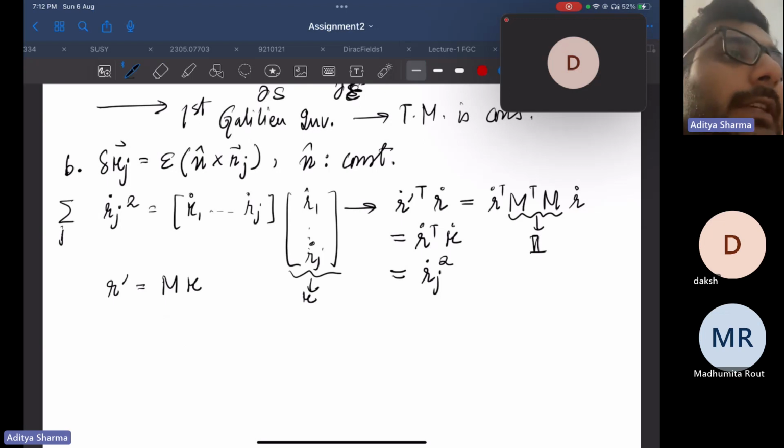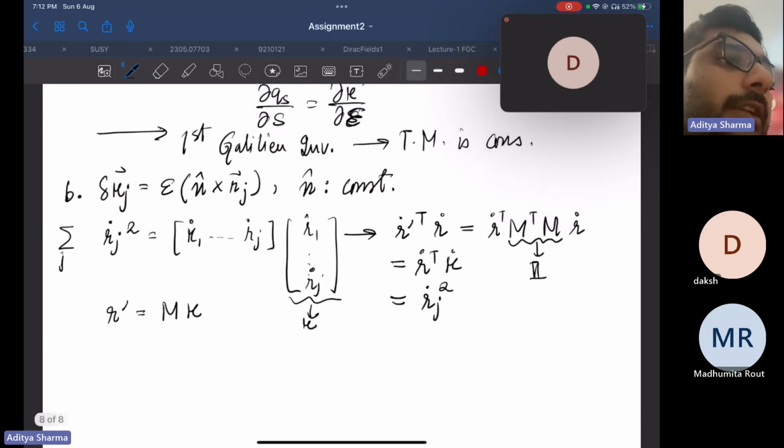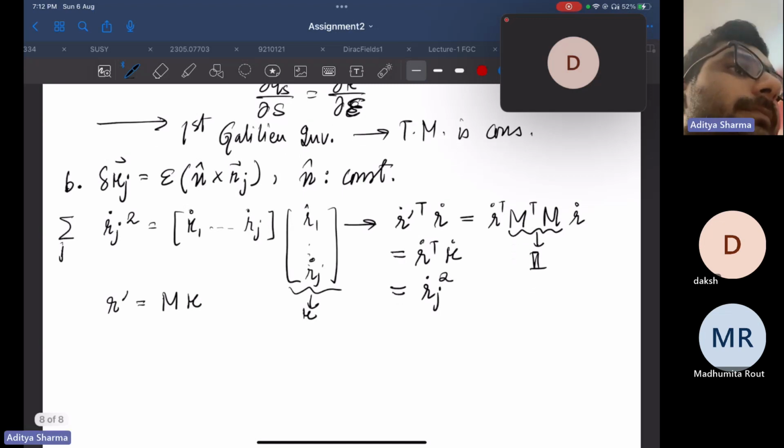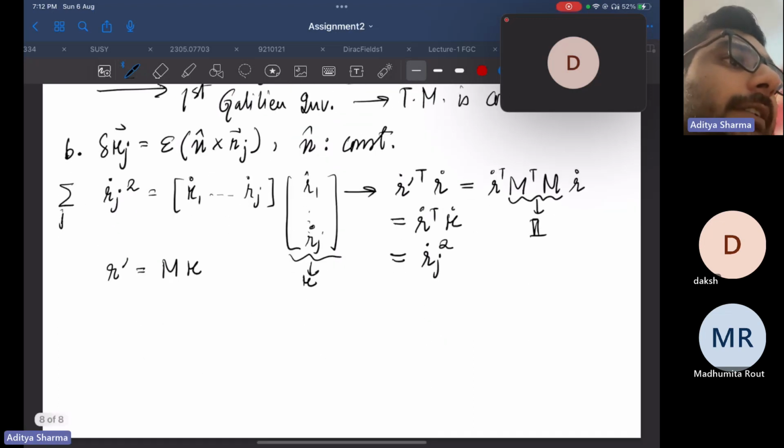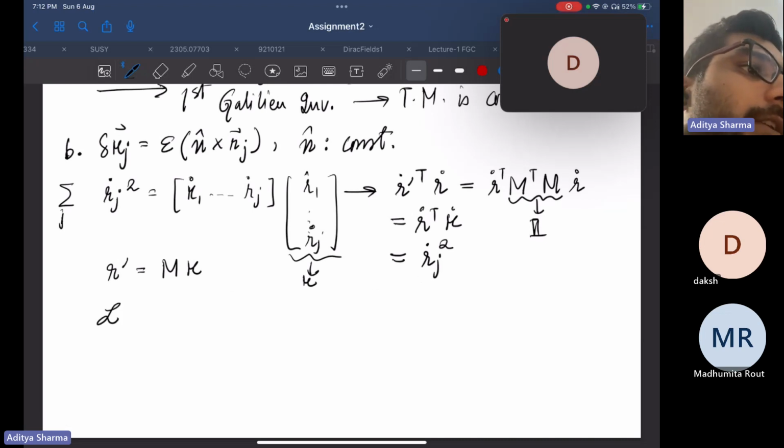So you see that rotations do not change the potential also. So what you find is that your kinetic term and also your potential term doesn't change. This means that the new Lagrangian L prime is equal to L. Right.